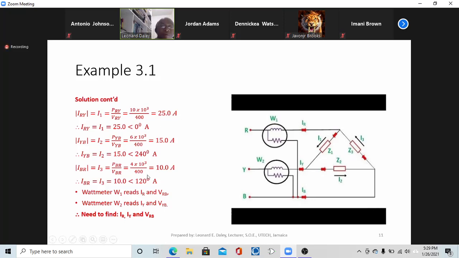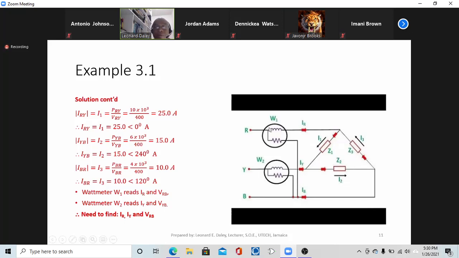Now that we have our phase currents, let's see what we need to find. Wattmeter 1 has IR going through it, so it is reading IR, and it is connected between red and blue, so it is reading VRB.